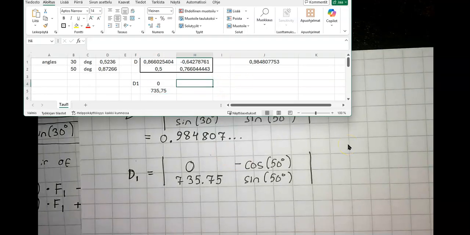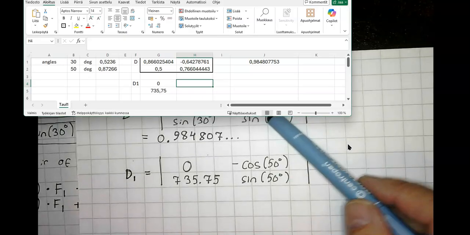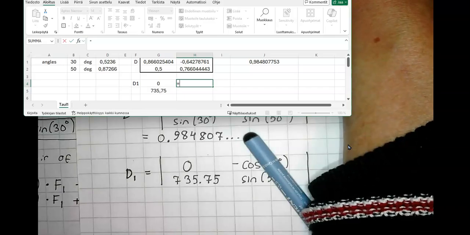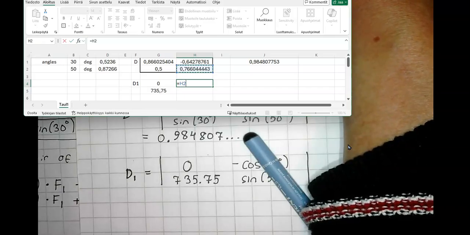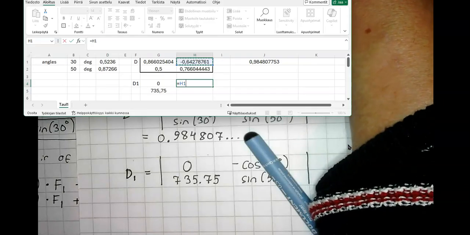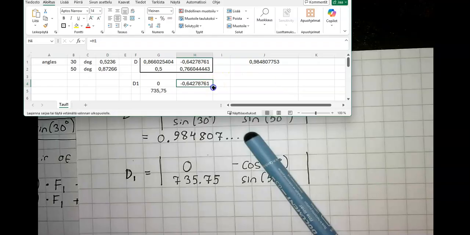And as I told, these will be the same as here, so I will only pick those there. I write the equal sign, and then I pick that value from the cell H1 and just copy this formula, and now it picks the value from H2.